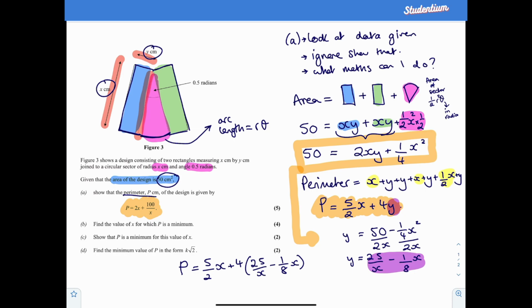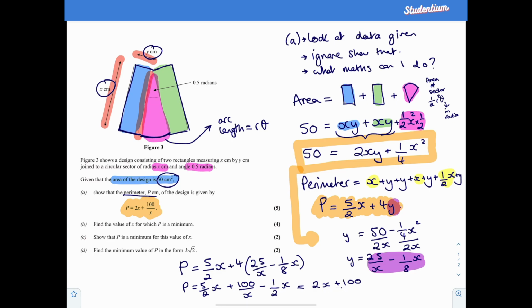So then that leaves us with p equals 5 over 2 x plus 100 over x minus 4 times 1/8 leaves us with a half x. And this then gives us 5 over 2 x minus a half x just leaves us with 2x plus 100 over x. And that is what we wanted.